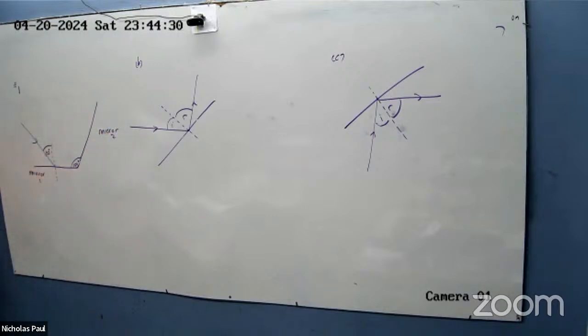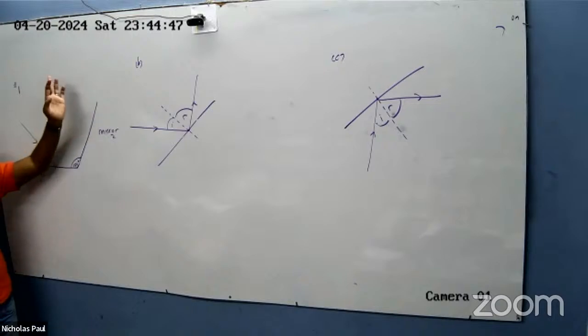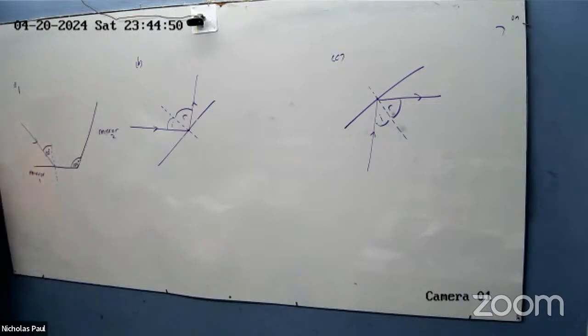The ray will undergo reflection here and it will touch here. And it will also undergo reflection here as well. I want you to show me the path of this ray and put in all the angles. All right? Take your time, right?